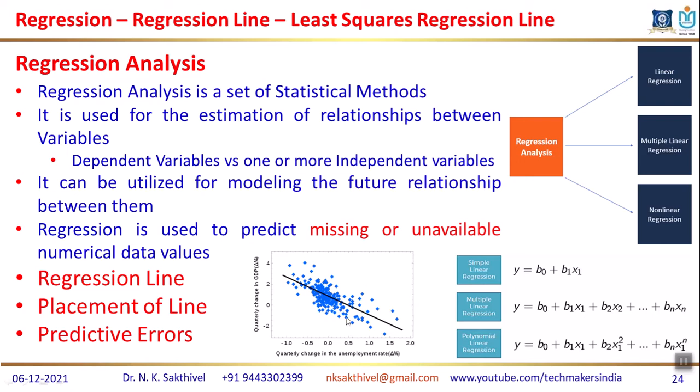If it is the best placement, that is called best fit, that is prediction with minimum error. Definitely error will come, because during prediction error is bound to happen, but the error should be minimized. That is why the placement of the line is very important.